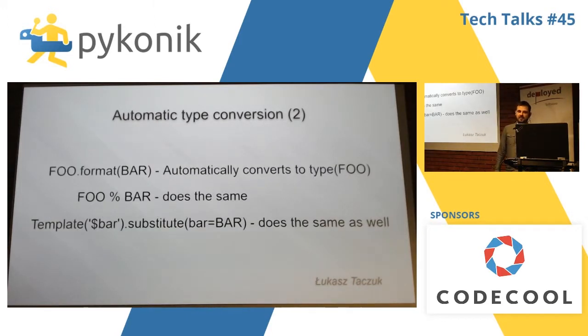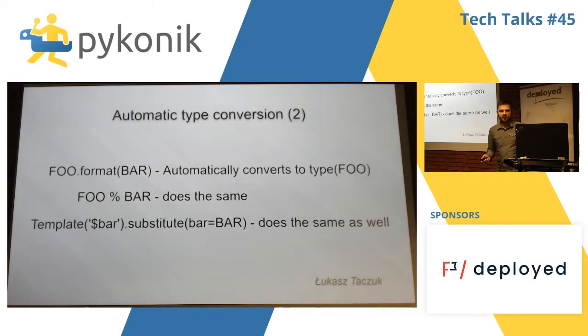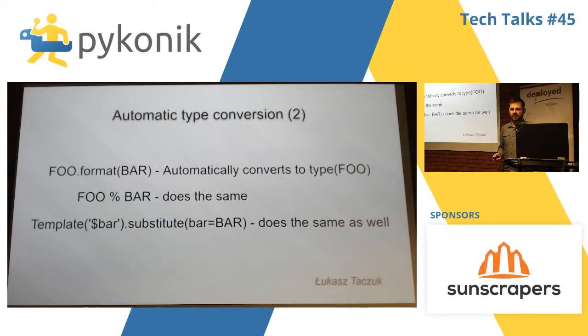The other thing with automatic type conversion, I mean, the places where I have found the biggest amount of bugs, is the formatting functions. So if you take foo and format it with the bar variable, the bar variable will be automatically, implicitly converted to the type of foo.